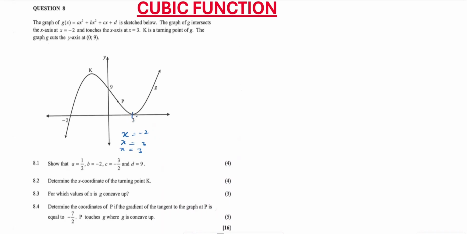This is a cubic function. It has 3 roots. But if the graph is turning on the x-axis, it means it has a repeated root. So we're going to write our general form in the factorized notation. g(x) = a(x - x1)(x - x2)(x - x3).